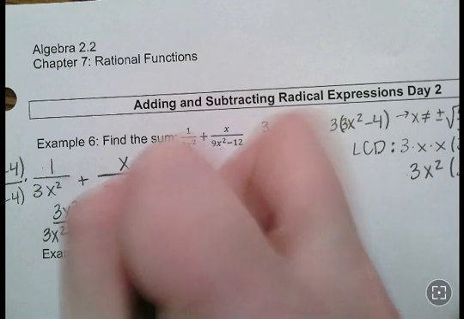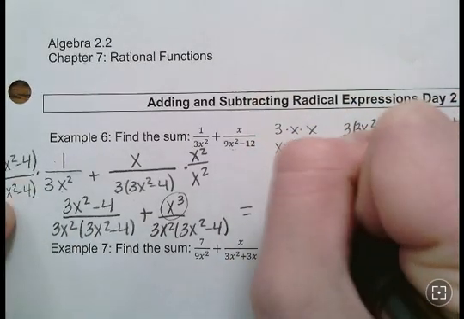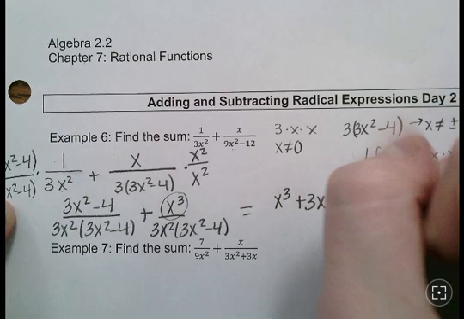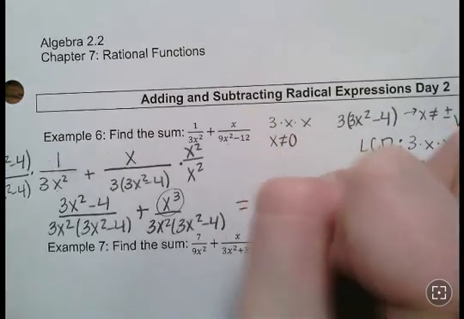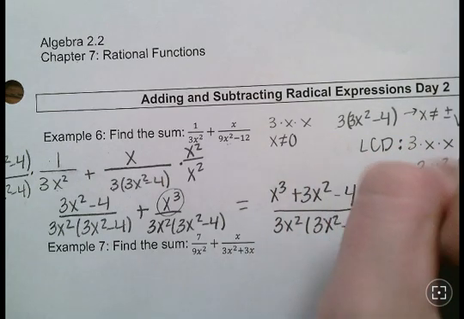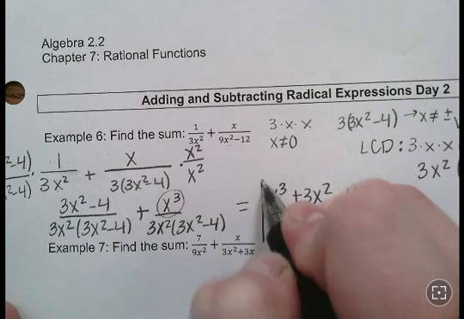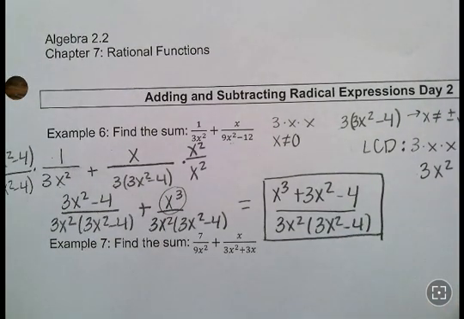I'm going to start with my first term of x cubed, then plus 3x squared minus 4, divided by 3x squared times 3x squared minus 4. And that top doesn't factor, so if it could factor, you should, but this one does not, so you don't have to factor.